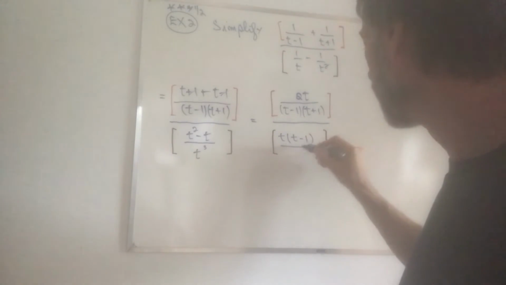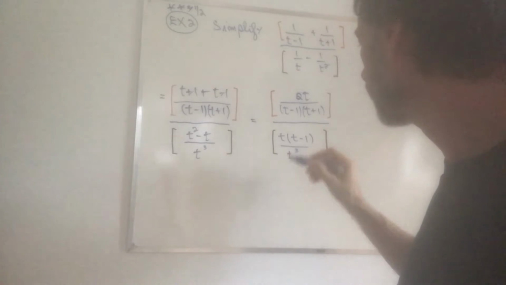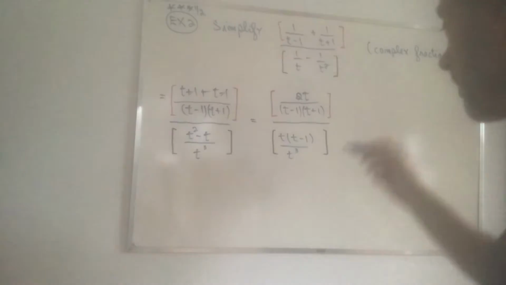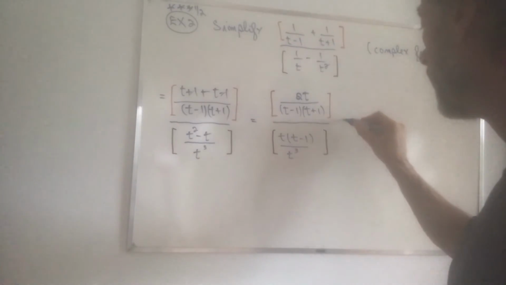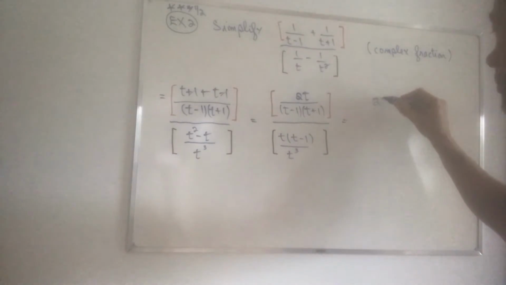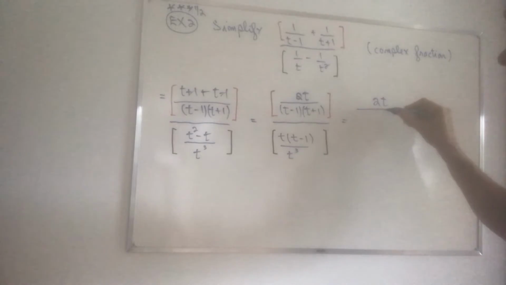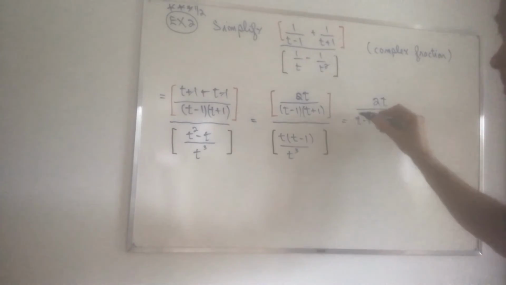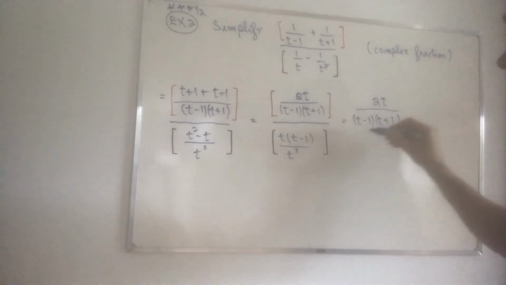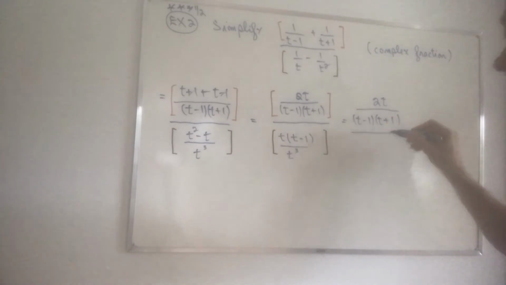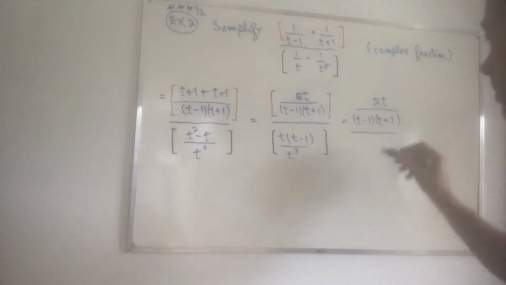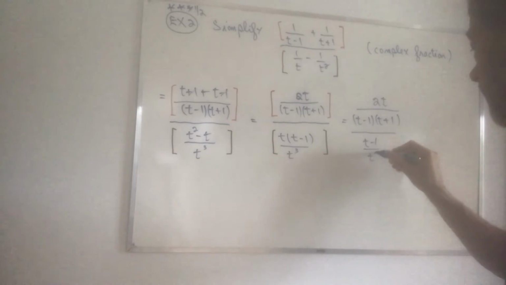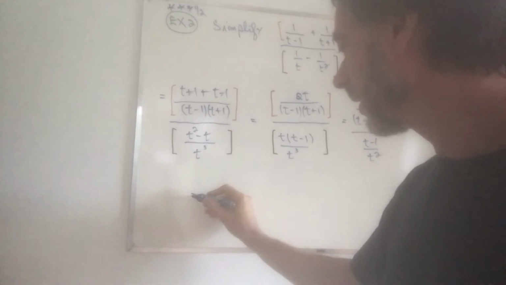We take out a t, and then we have t over t cubed, which will, of course, cancel into what? So 2t over t minus 1, t plus 1. This shall now be divided by t, and t cubed is t squared. So t minus 1 divided by t squared.